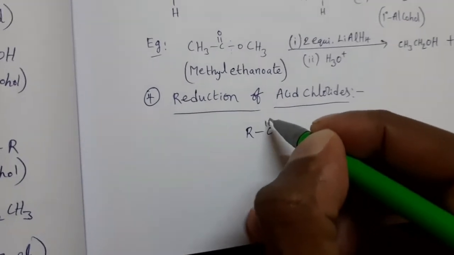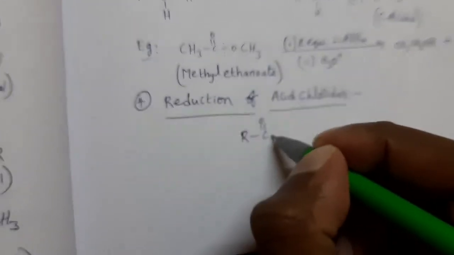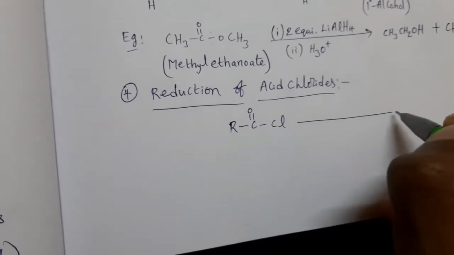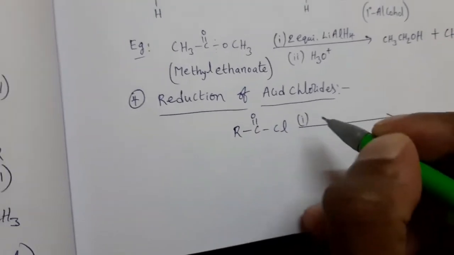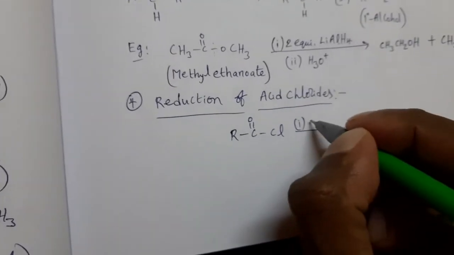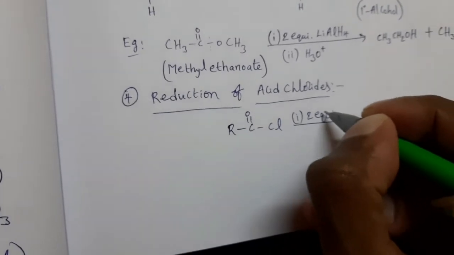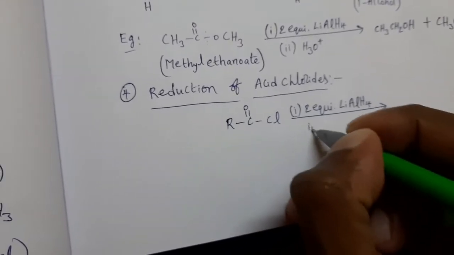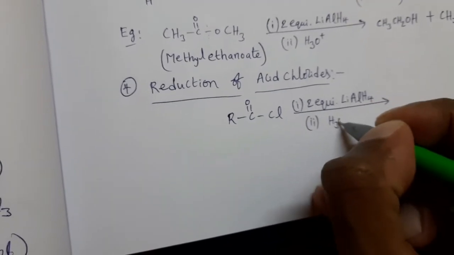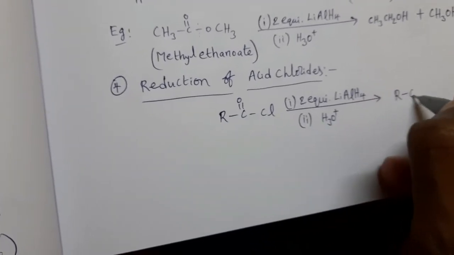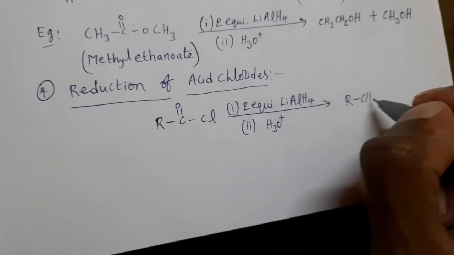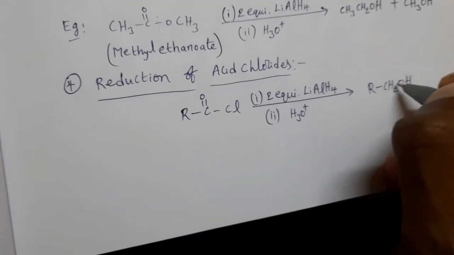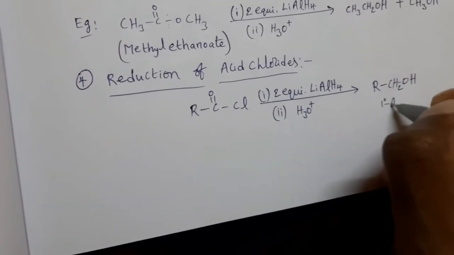The general formula of this compound is RC double bond OCl, reduced with 2 equivalents of LiAlH4 followed by acidic hydrolysis. Then we can get primary alcohol, RCH2OH. This is primary alcohol.